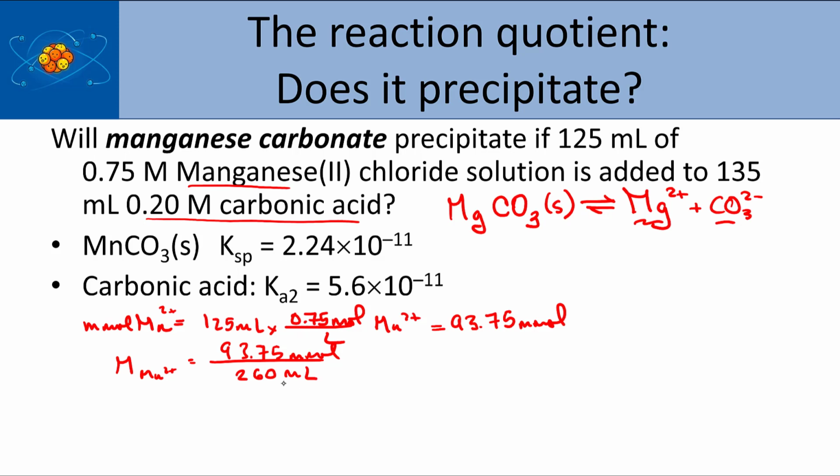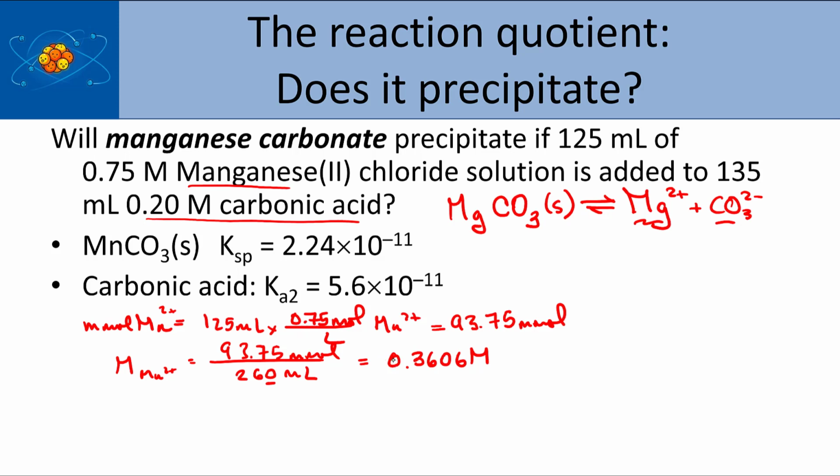Sig figs there. And then that gives me a molarity of 0.3606 molar. All right, so that's part of the problem, but we need the carbonate concentration.